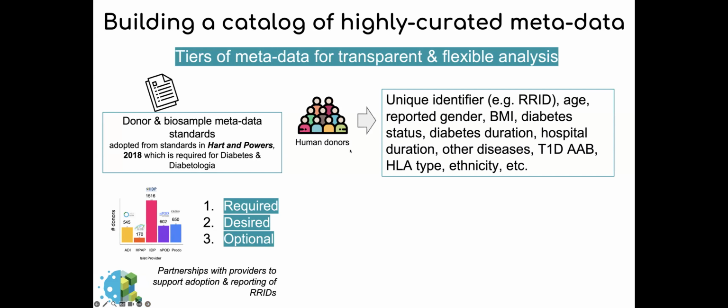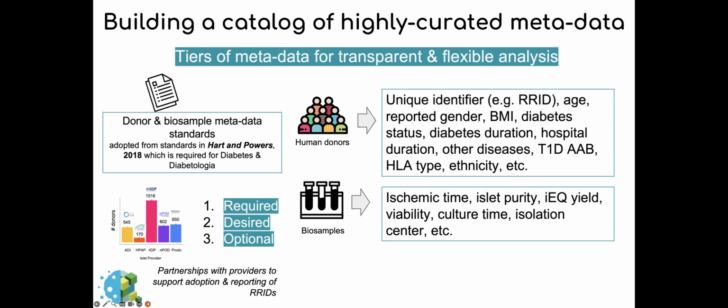So some of the things that we've been doing is assembling information on the human islet donors, bringing together as much information, things like age, reported gender, BMI, diabetes status, duration of diabetes, and important additional parameters such as HLA typing and autoantibody status.